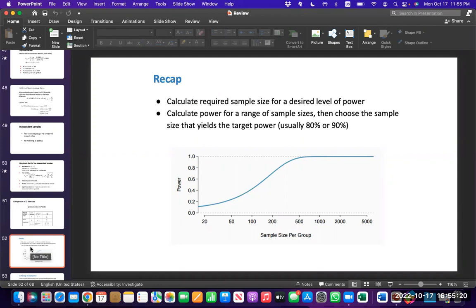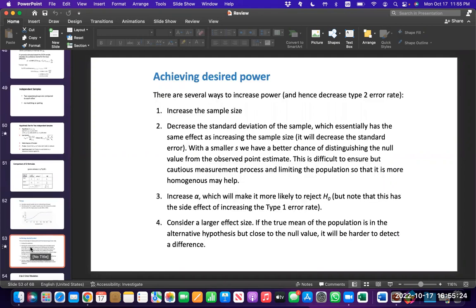So you do with the effect size. So the only thing you can really alter here is the sample size of the group. So you increase the sample size, you decrease the standard deviation, not possible. You increase the alpha, which is also not advisable. We consider large effect size. It's also not always possible because that would mean to intensify your intervention.